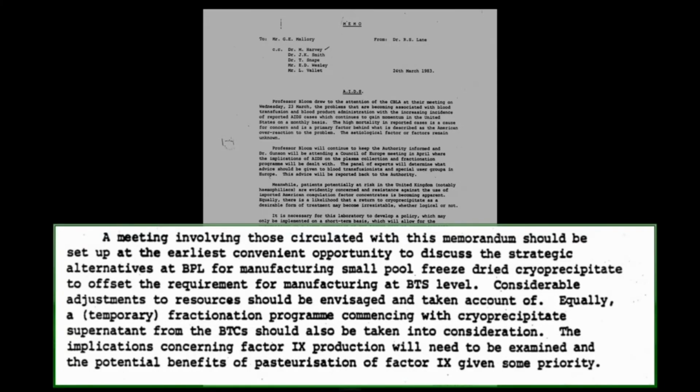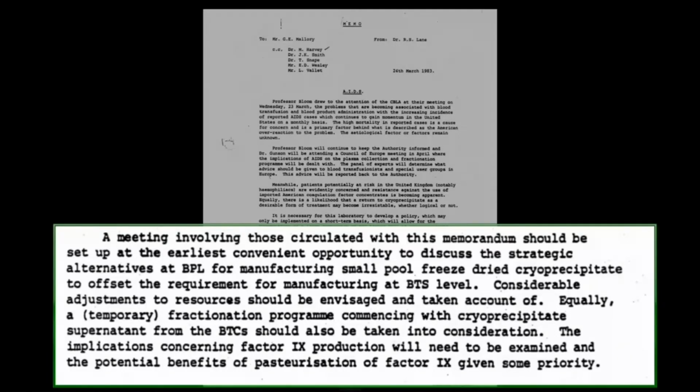Equally, a temporary fractionation programme commencing with cryoprecipitate supernatant from the BTCs should also be taken into consideration. The implications concerning factor IX production will need to be examined, and the potential benefits of pasteurisation of factor IX given some priority. So that is Dr. Lane's memorandum, and we can see what has prompted it.